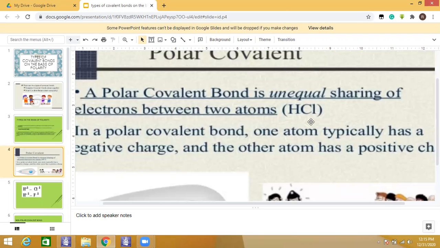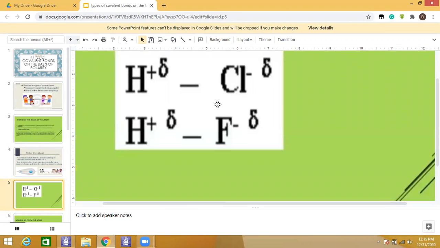The more electronegative atom acquires a greater share of the bonding electrons. Look at this example, HCl.